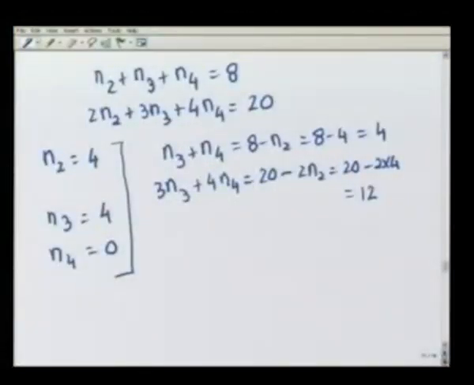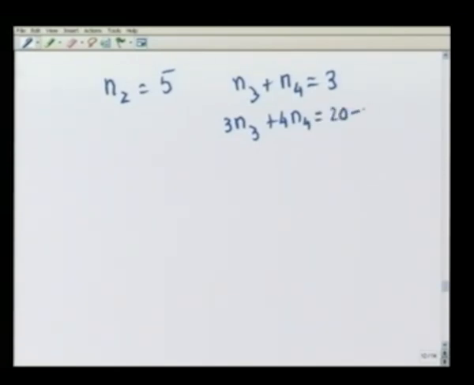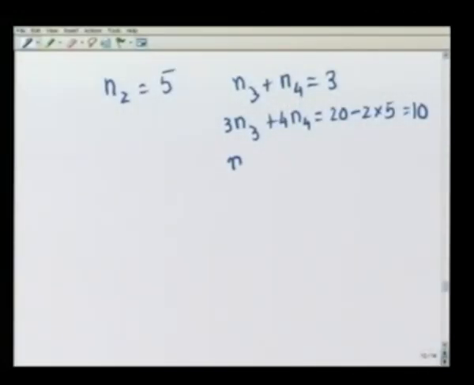However, if we take n2 equal to 5, then we get n3 plus n4 is equal to 8 minus 5, that is 3, and 3n3 plus 4n4 equal to 20 minus 2n2, that is 20 minus 2 into 5 equal to 10. Solving these 2 equations, we get n3 equal to 2 and n4 equal to 1.